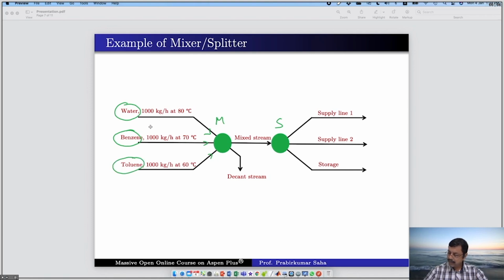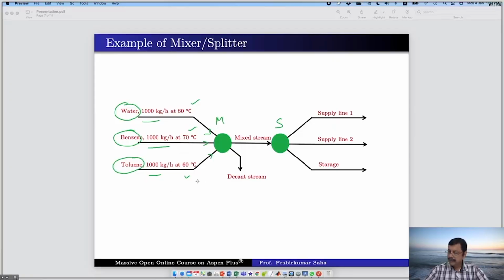For each one of them, the flow rate is 1000 kg per hour and the temperatures are 80 degrees centigrade, 70 degrees centigrade, and 60 degrees centigrade respectively. The pressure has not been given in the problem, but let us assume that the pressure is 1 atmosphere or 1 bar, whatever you use.